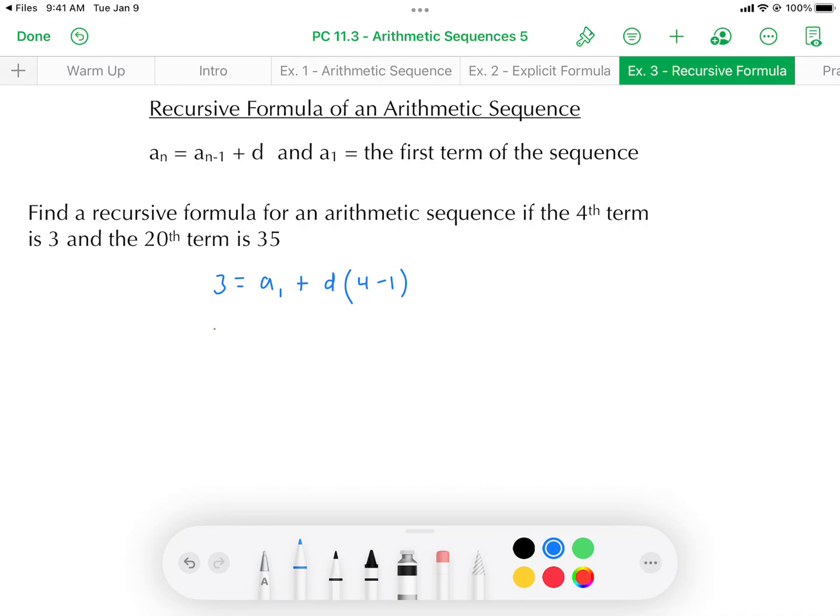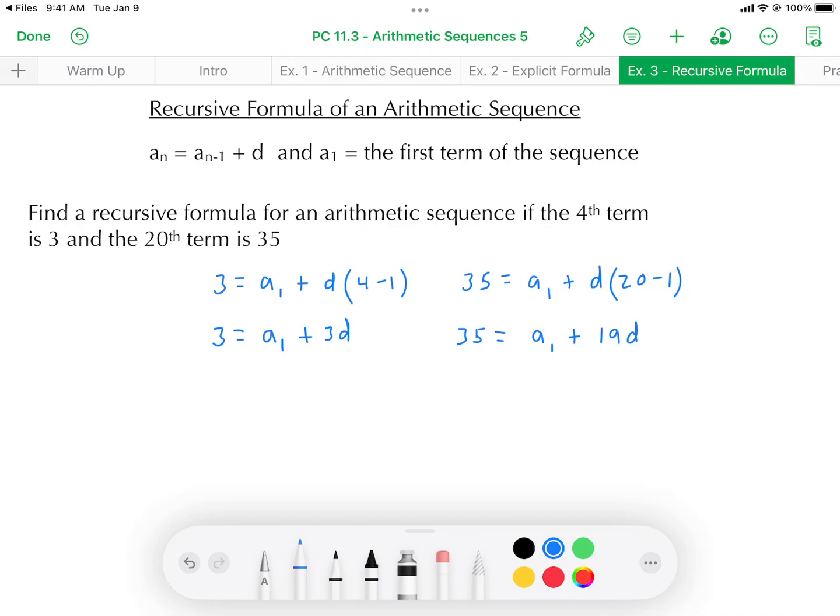I simplify that. That's 3 equals a sub 1 plus 3d. And then I can make a similar equation with the other information. The 20th term being 35 means 35 is going to equal the initial term a sub 1 plus the common difference of d multiplied by 20 minus 1. Or 35 equals a sub 1 plus 19d.